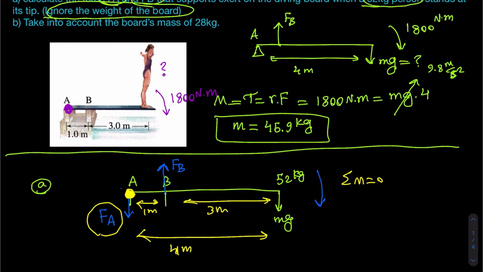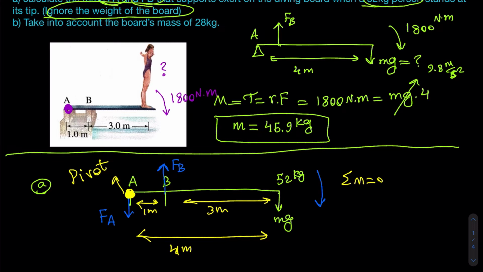And also we have got rid of FA in our calculation. So we set the fulcrum here, part A, or pivot of fulcrum. So we just take into account the turning effect.